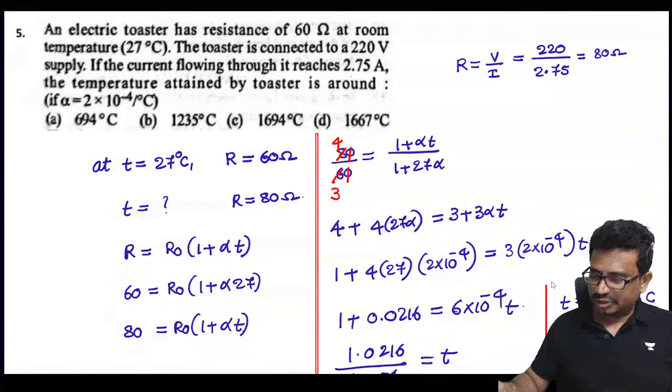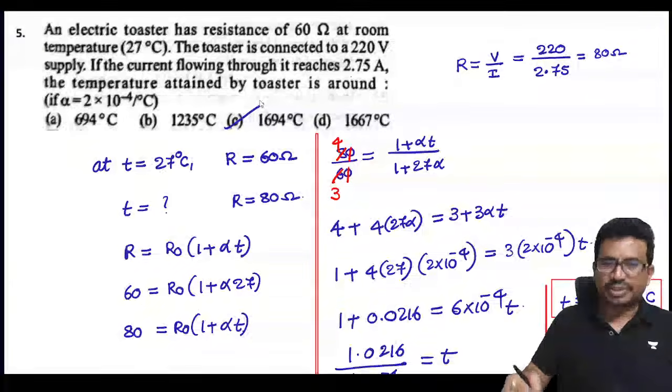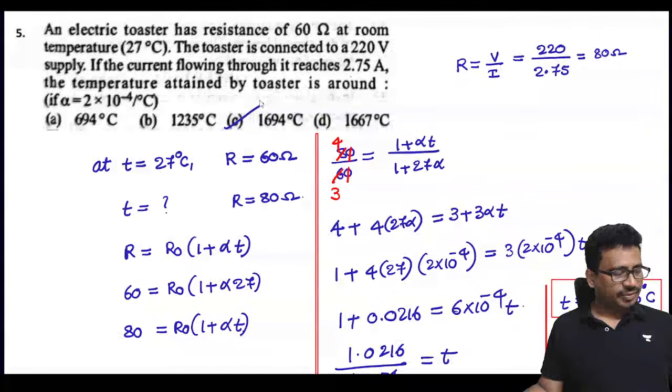And we can choose the nearest option for it. This could be the nearest option, since we did some approximations.